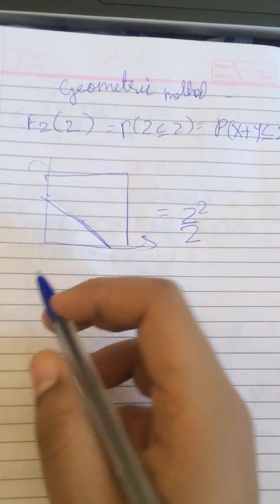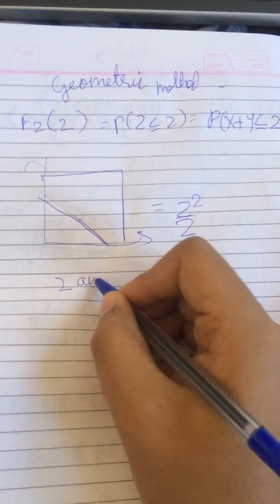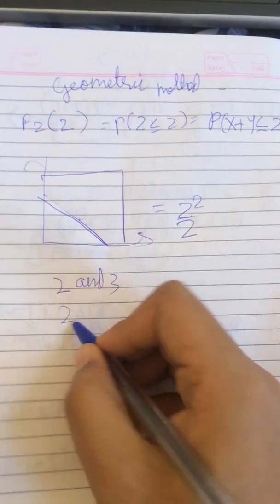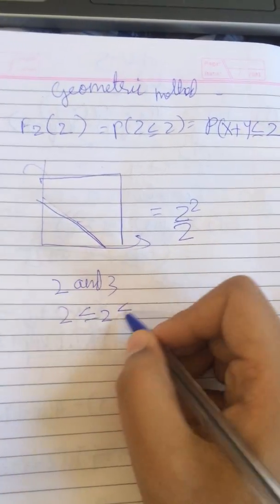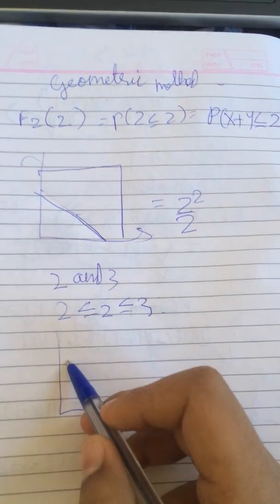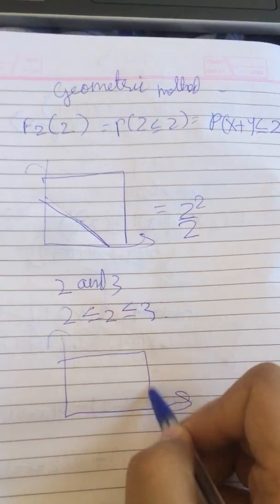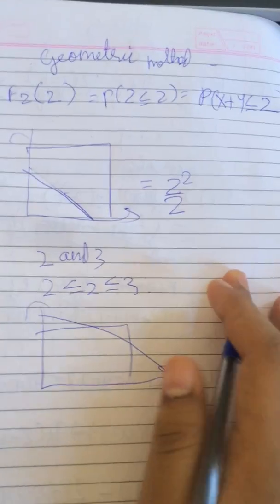Now for values where z lies between 2 and 3, that is z is greater than or equal to 2 and less than or equal to 3, it will lie slightly outside the square and intersect the square.